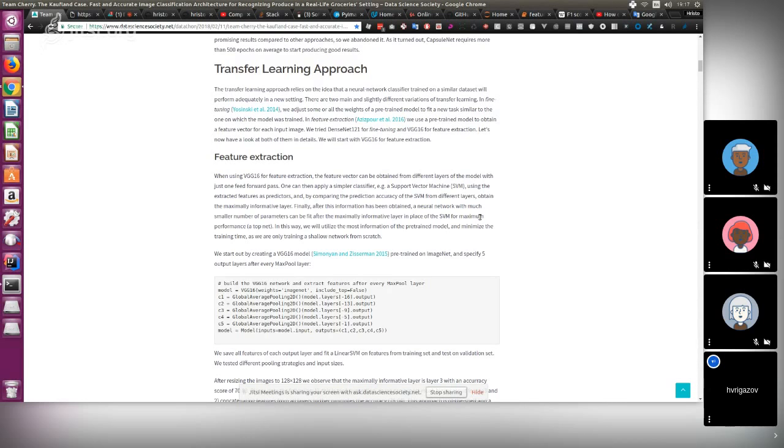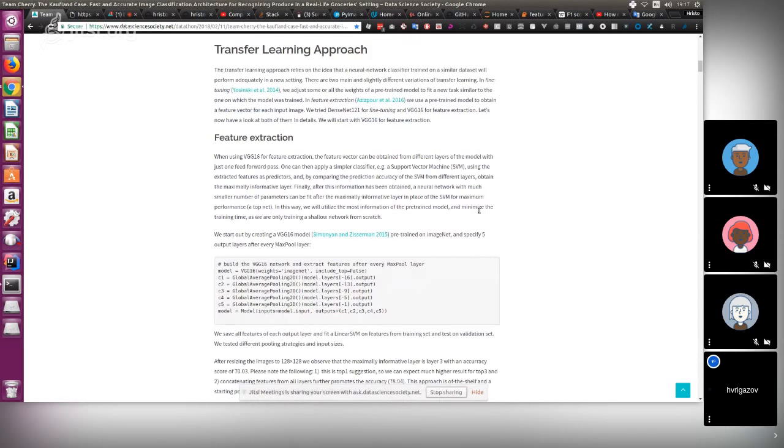So basically, we have two approaches based on transfer learning. The first is feature extraction. The idea here is to take an existing neural network, for example VGG16, and take the output of its different layers and treat all of them as features.